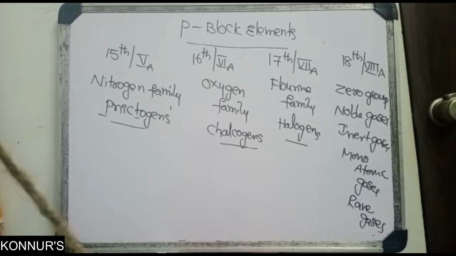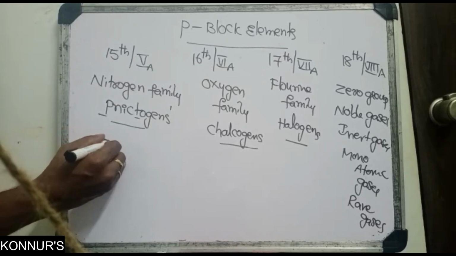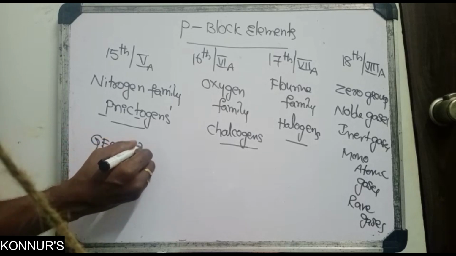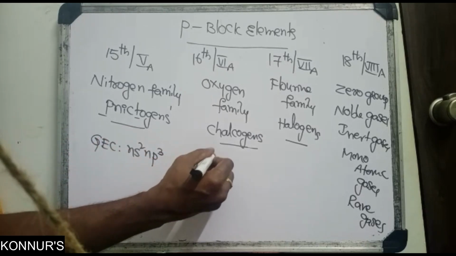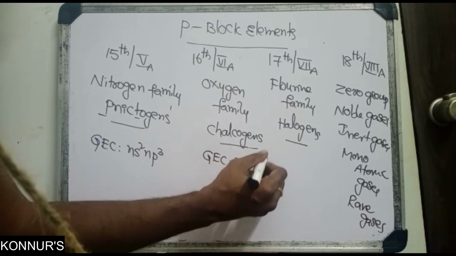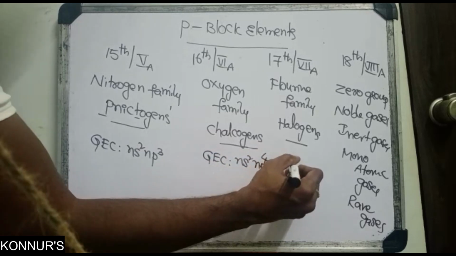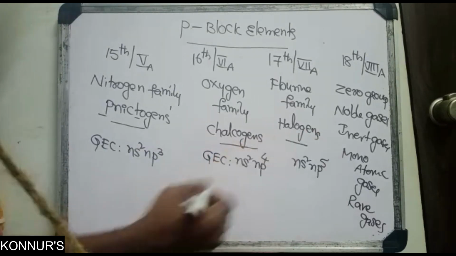Next, here, general electronic configuration. You can write ns2 np3. Here, general electronic configuration ns2 np4. Here, ns2 np5.